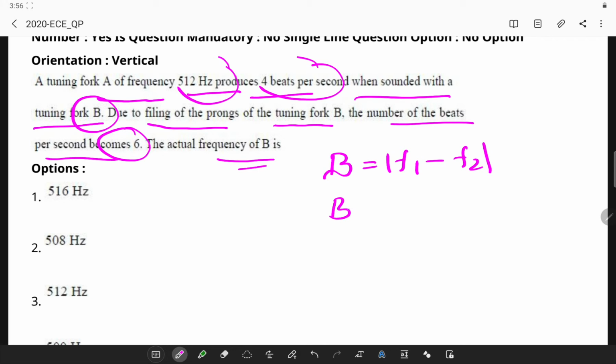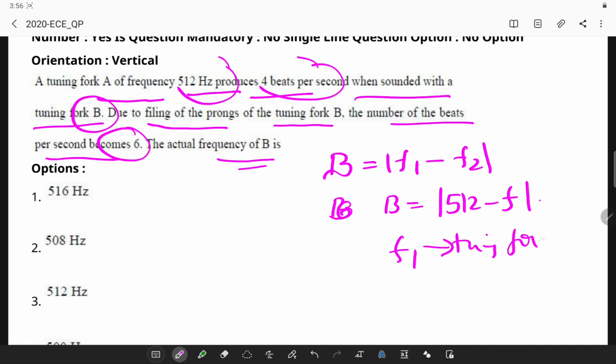Given first one is 512. Let's consider f1 be the tuning fork A frequency and f2 of B be the second case.